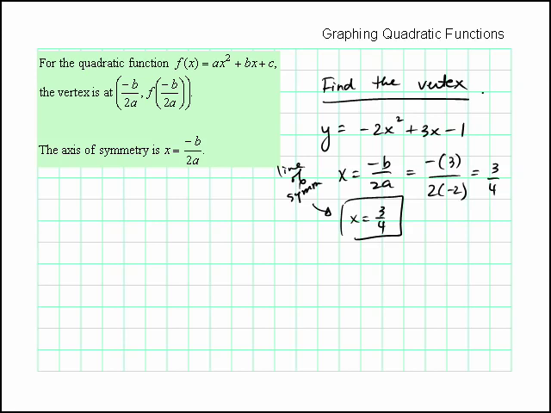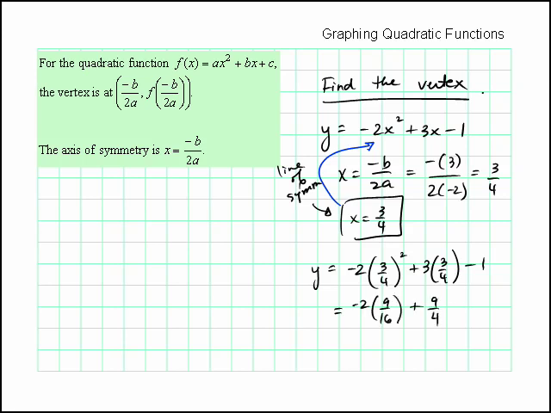I plug that in to solve for y now. So I'm going to take this and plug it in here for these x's. Y will equal negative 2 times 3/4 squared plus 3 times 3/4 minus 1. This is negative 2 times 9 over 16 plus 9 over 4 minus 1.